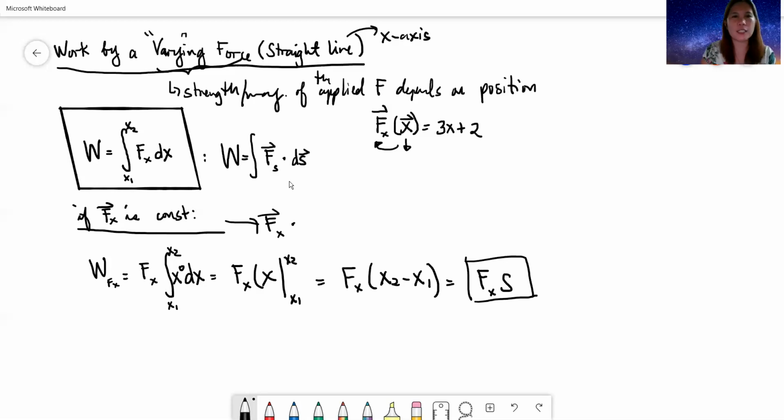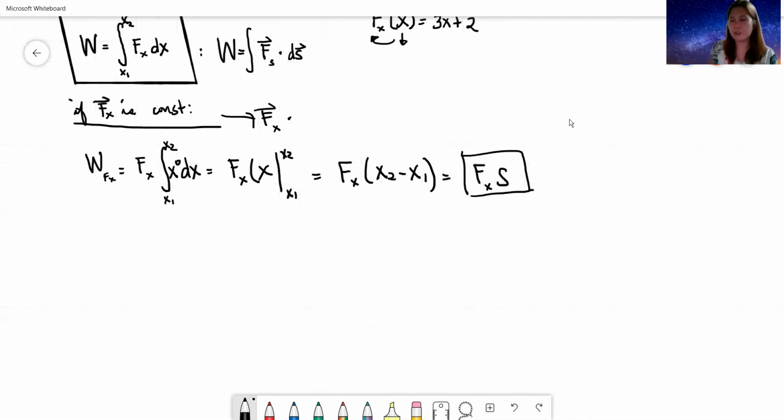Now, let's focus again on varying force. A very concrete example of a force that depends on position is the force we need in stretching or compressing a spring.